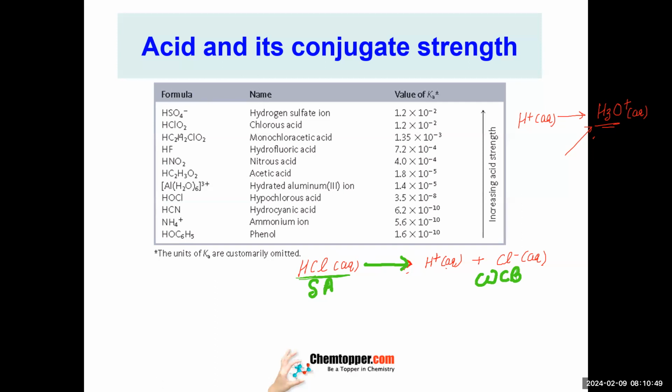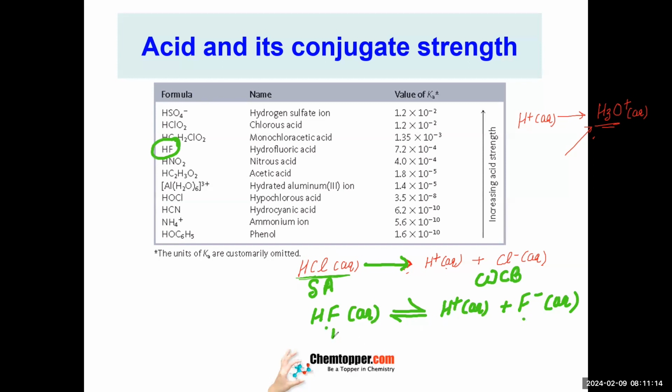Now let's take HF. HF is a weak acid. It is going to dissociate only partially like this. So here you can see that there is HF and there is F-.